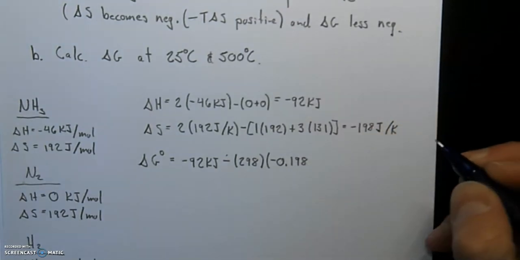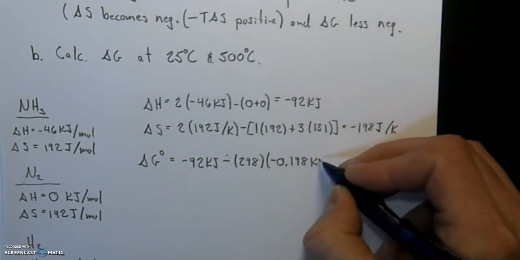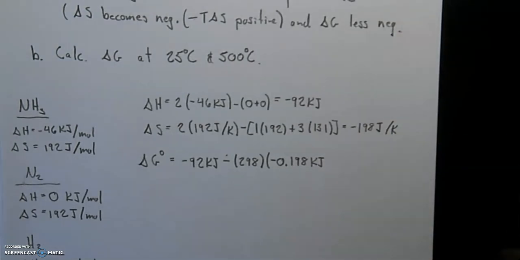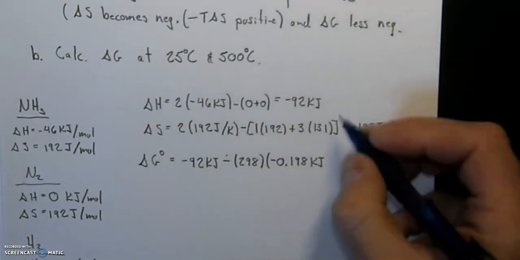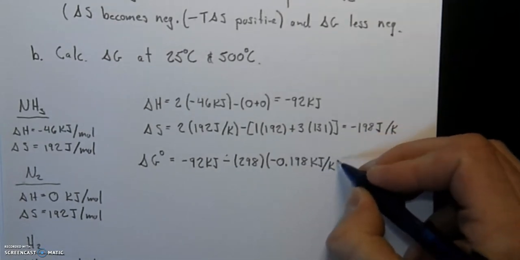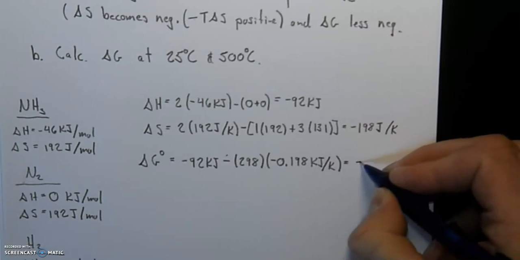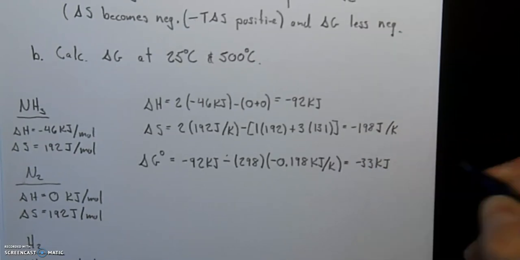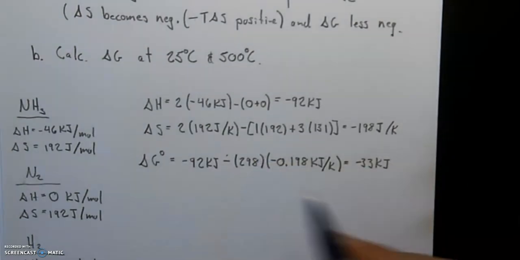And again, this is the delta S value. Very important: I had to make sure the units are the same, so I slid the decimal over 3 spots, and it is kilojoules per Kelvin, equals a negative 33 kilojoules. And the kelvins are gone because of the temperature reading over here.